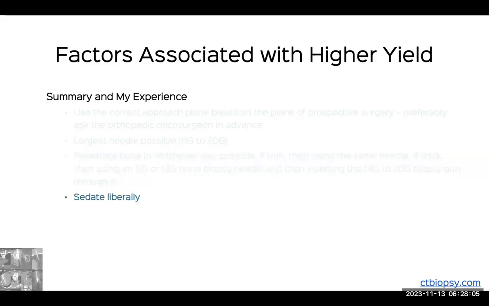Sedate liberally. Many of these lesions are painful. You need the patient still so that you can finish the biopsy and avoid complications. Remember, TB lesions are painful. And so it's very, very important when you're dealing with, even with collections, even with what we used to call cold abscesses.